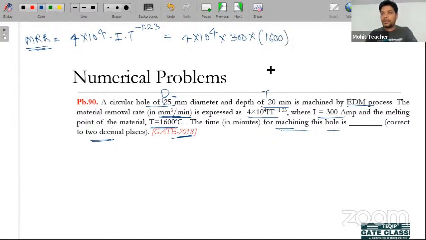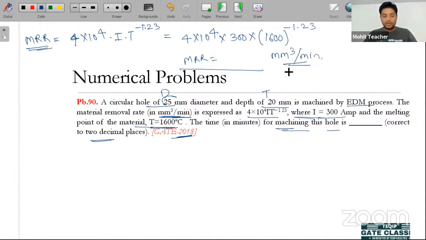Here I is equal to 300 ampere and the melting point of the material is 1600 degrees centigrade, so we consider it in degrees centigrade. So this will be 1600 raised to minus 1.23. Please tell me the value of this. It is not the MRR answer yet, and whatever value we get will be in mm cube per minute.